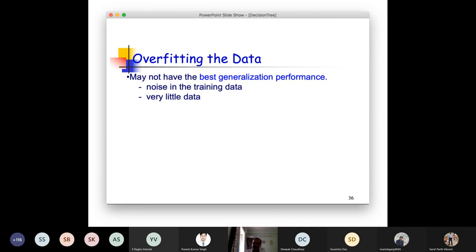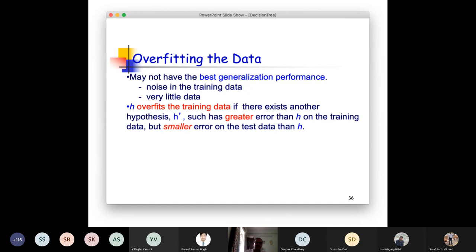There exists another hypothesis, which may be smaller than what we have arrived at, which has higher training error, which is why it was not chosen in that greedy optimization process, but which has lower generalization error. Even though it has higher training error and is not consistent, you would still choose it because it has low generalization error. So we should avoid this situation of overfitting.